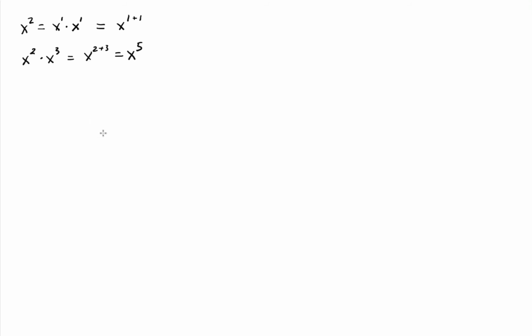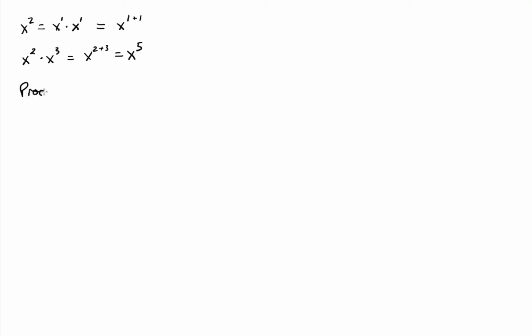If they are being multiplied by each other, then we can add the exponents for the same bases. And that is called the product rule for exponents. And that's exactly what we have here, and it's illustrated. Let me write this out.